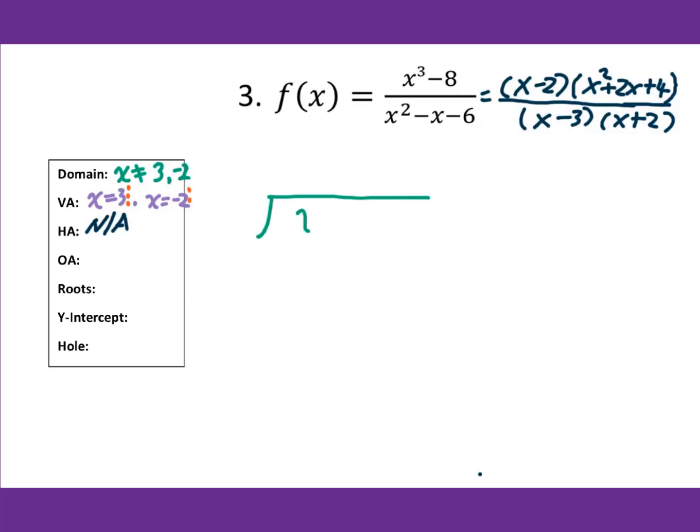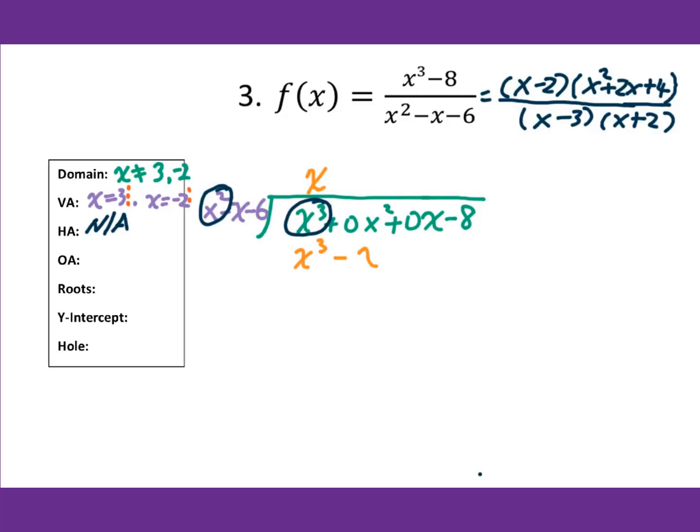So we get x third power plus 0x squared plus 0x minus 8 divided by x squared minus x minus 6. The first term divide, so we get the x. Therefore, we got x third power minus x squared minus 6x.